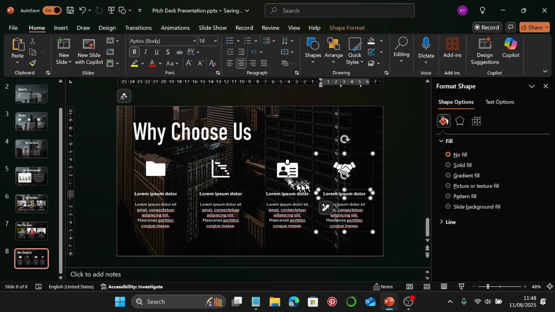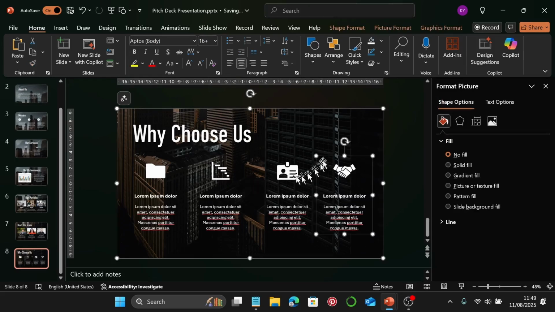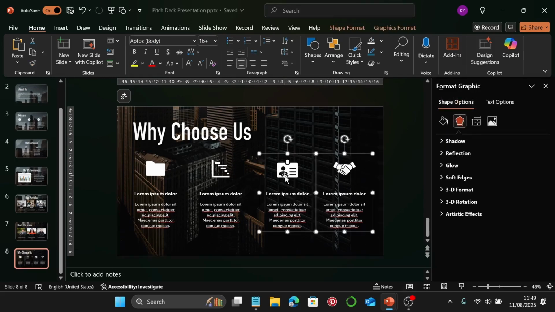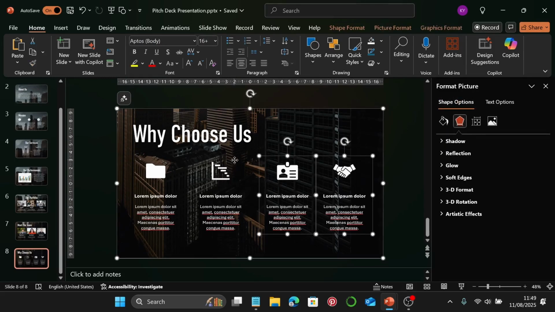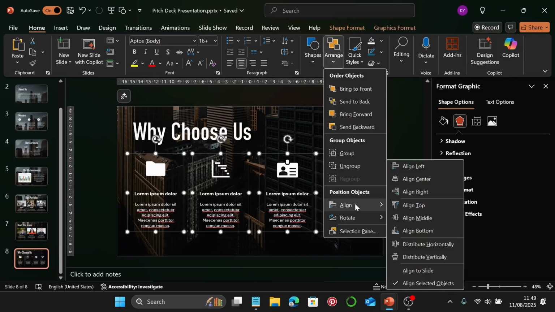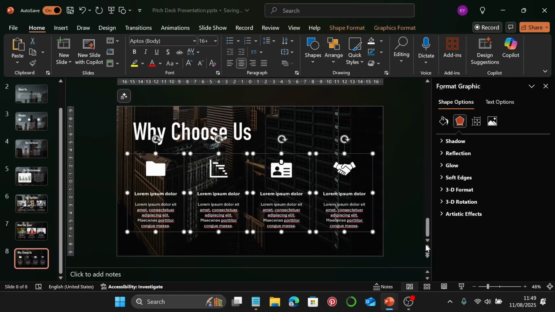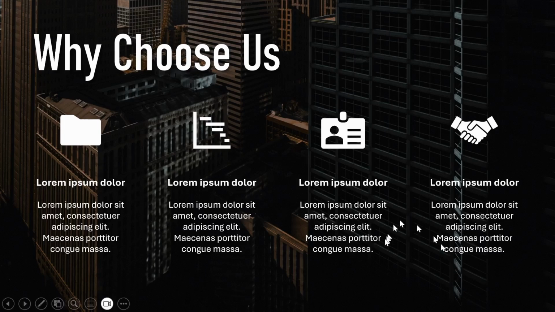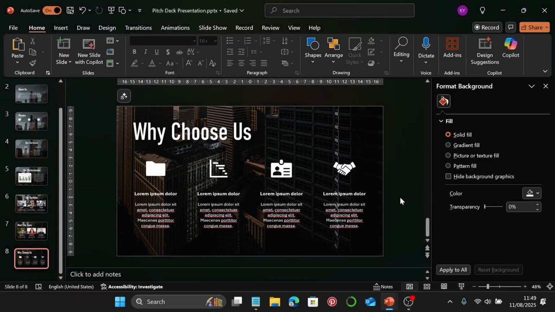So now I can select, there's an image behind, so it makes things a tad bit easier to deal with, since it keeps trying to select the image as well. So I'm going to select this for arrange, and I'm going to distribute horizontally, and I'm just going to click outside. Let's look at it in the presentation or the slideshow view. And yeah, we're done with the white chooser slide.